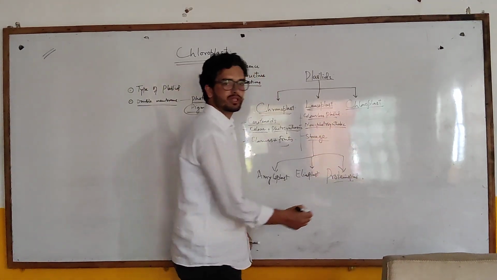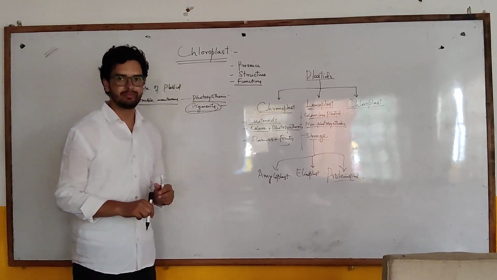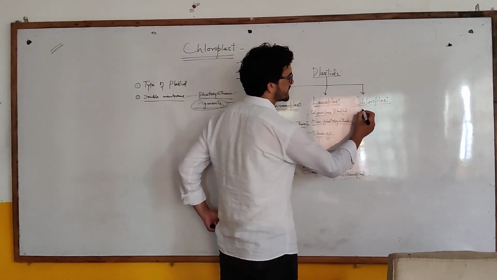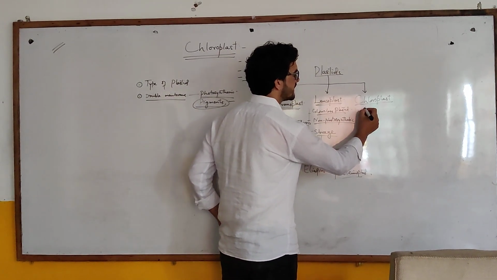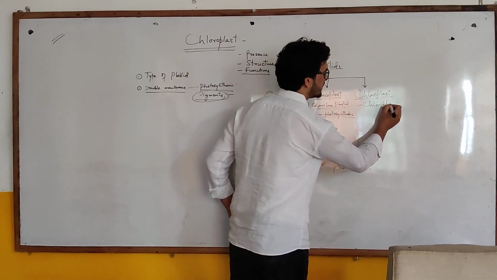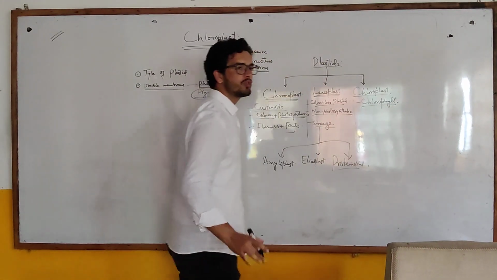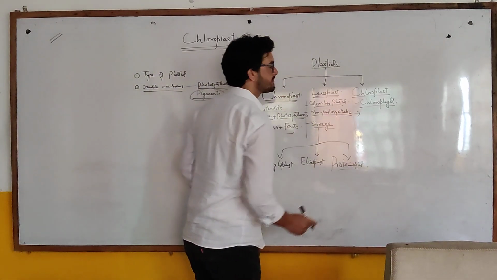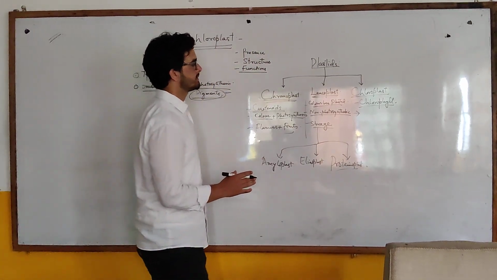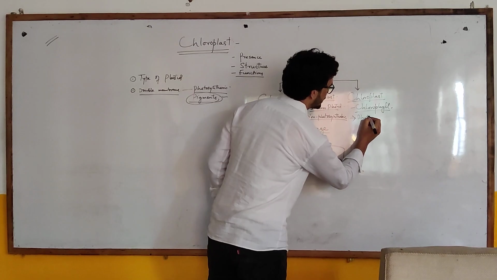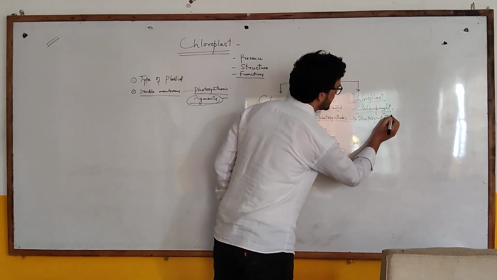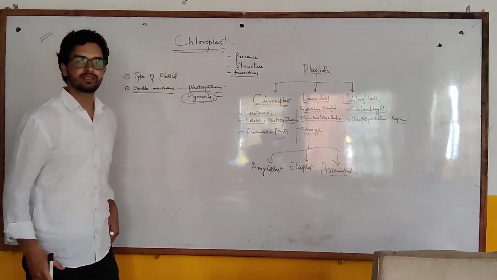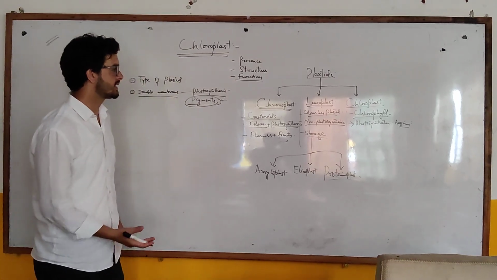Right? Now coming to the chloroplast, which is our main topic. This chloroplast shows the presence of the main pigment, which is green in color, that is chlorophyll. Chlorophyll is present in chloroplast, in the photosynthetic regions of the plant, like leaf, mesophyll cells and palisade cells of the leaf.